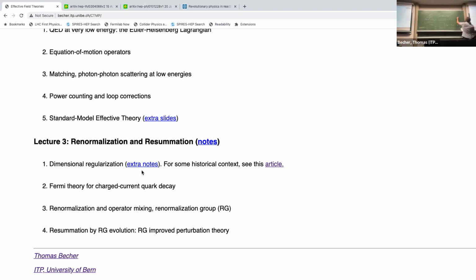And maybe I can write G_F, the SU(2) coupling squared over 8 mw squared. So with the standard model Feynman rules, you have the SU(2) coupling, and from expanding the propagator, these go along, and then you get this.